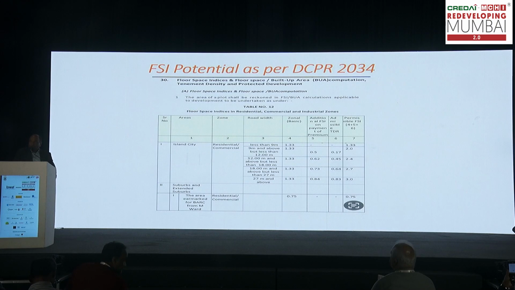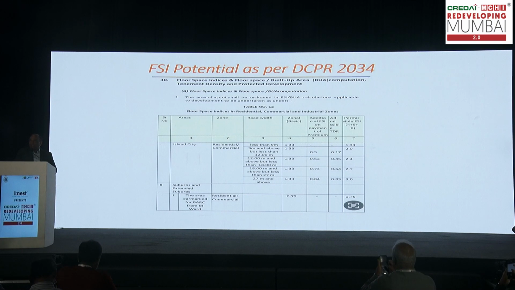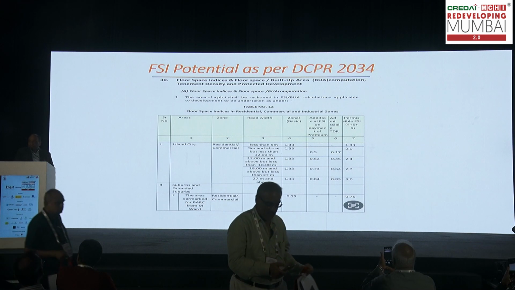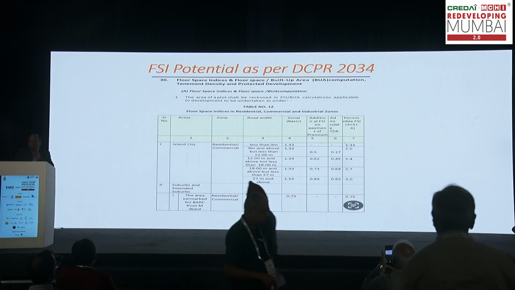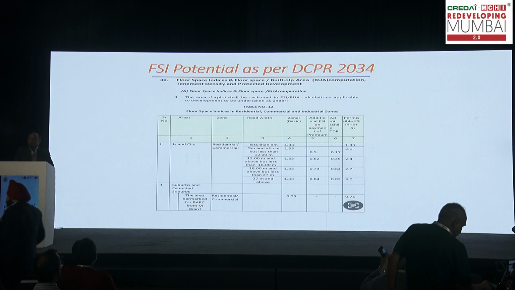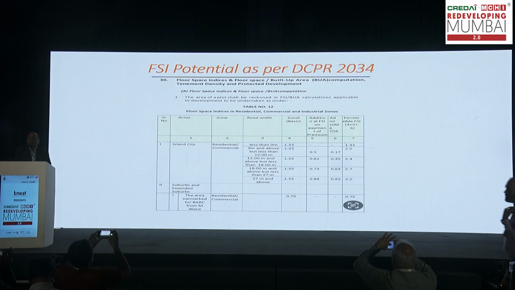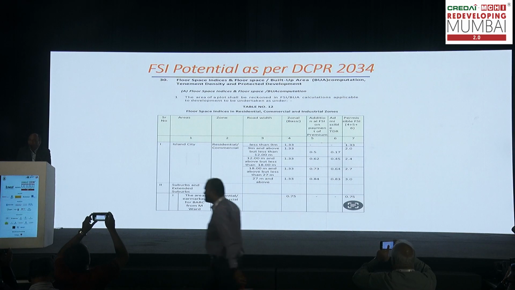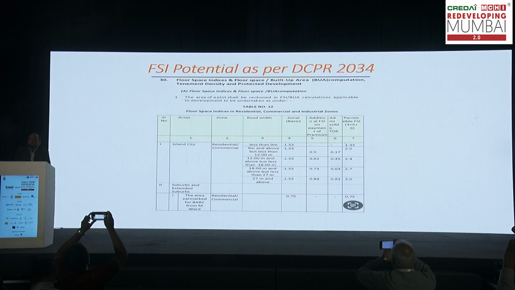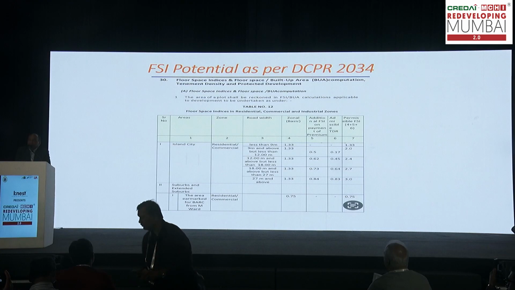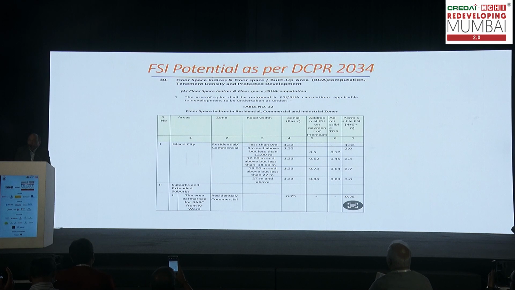Before going into this regulation 33(20)(B), first of all we should understand the FSI potential available on the plot. How much FSI potential will be available on any plot in Mumbai, either in the city or suburb, is mentioned in regulation 30 of DCR 2034, in table 12.